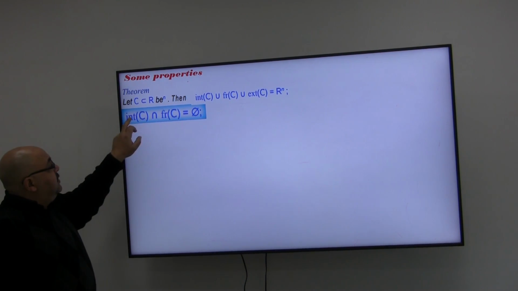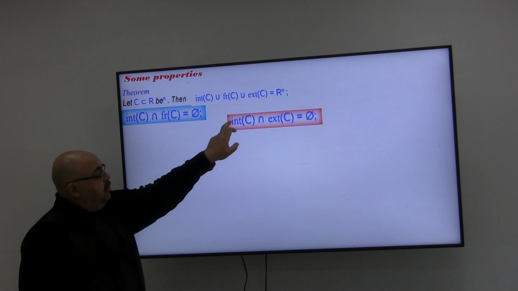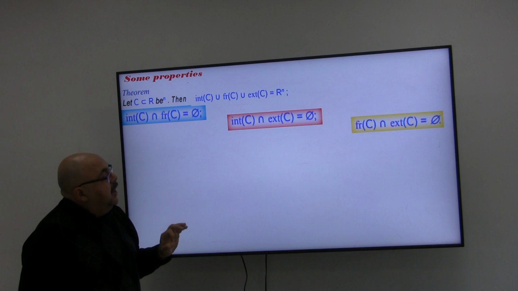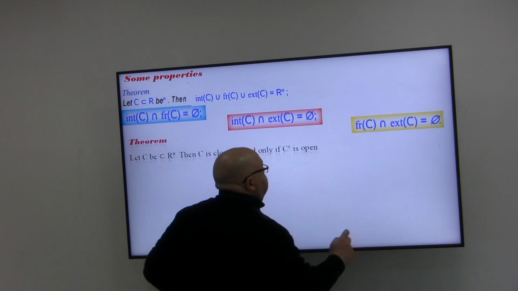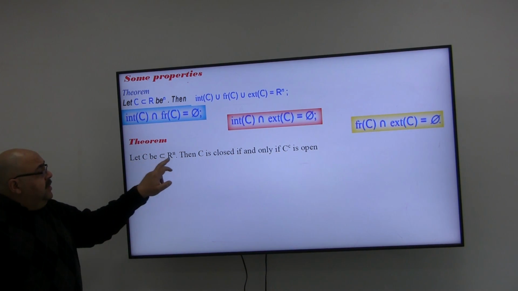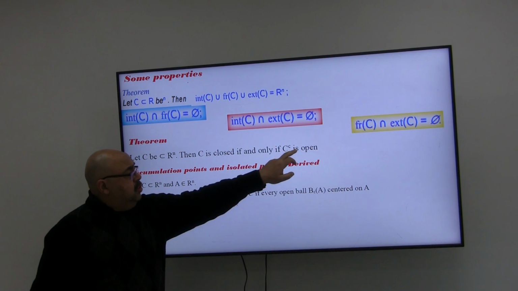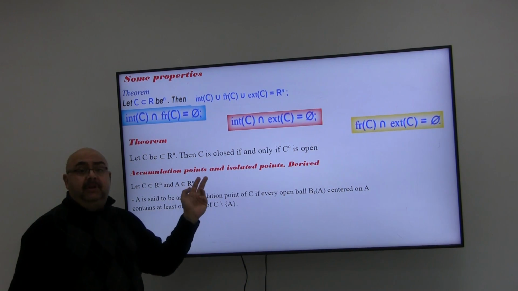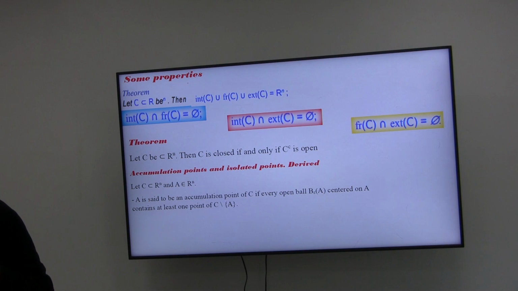Okay, interior of a set intersection frontier equals phi. Interior of a set intersection exterior equals phi. Frontier or boundary intersection exterior equals phi. Let's see, D belongs to Rn. Then C is closed if and only if its complement is open.